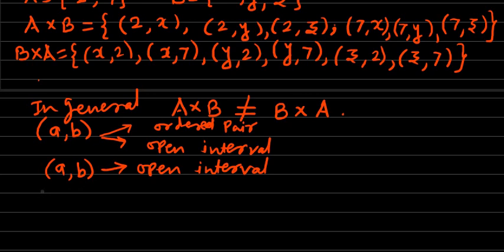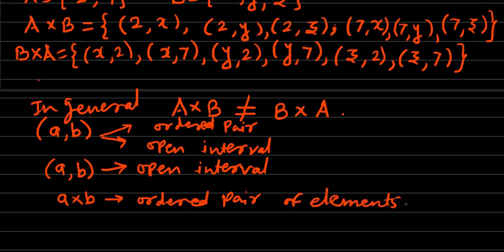And in such cases, the Cartesian product of elements A and B, A cross B, we use to mean the ordered pair of elements A and B. This is to be used in some special cases, in some results only.